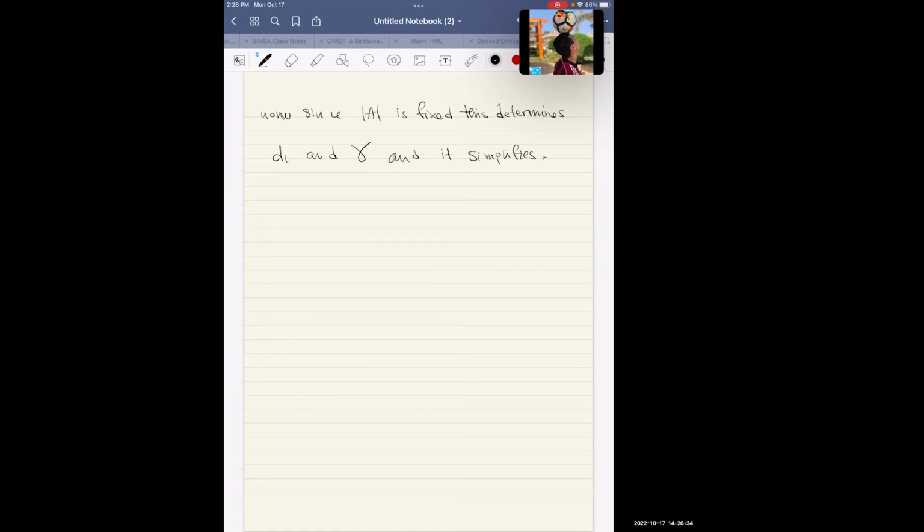Okay, now assume that the cardinalities of A and B are both bigger than or equal to 3.